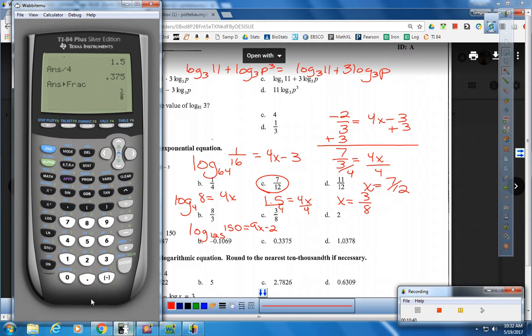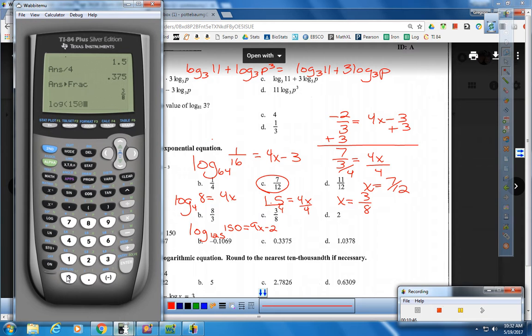So I'm going to use the change of base formula on this one. For those of you using the TI-83, we have to do log 150 divided by log 125. If you just put in the base formula or the calculator, you'll get the same thing. I get 1.0378.